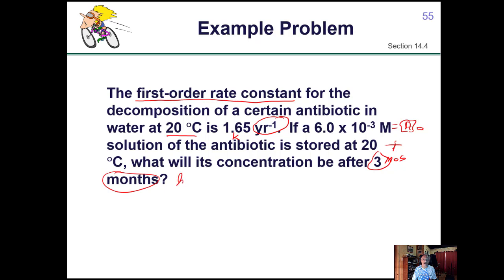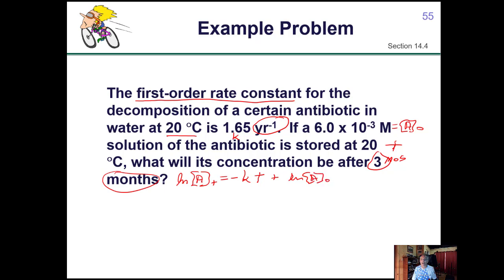So the first thing you want to do is probably just go ahead and write out the symbolic form of the first order integrated rate law, which is going to be the natural log of [A] at time t is equal to minus k times t plus the natural log of [A]0.